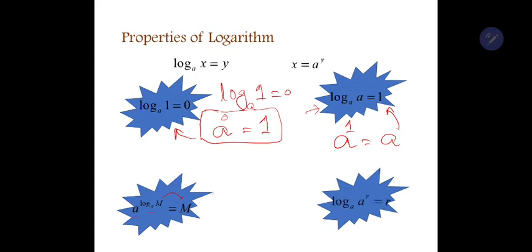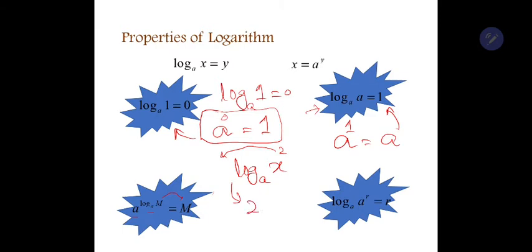The last property that we are going to discuss now is log base a of a to the power r is always equal to r. There's a property of log that we are going to discuss later that says whatever number is after the log which has a power, the power always comes at the front. Like for example, if I have log base a of x squared, then this power always comes at the front.